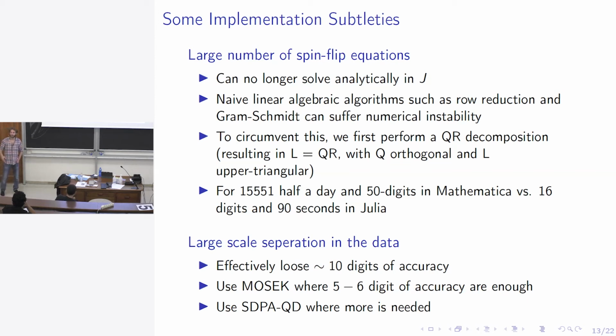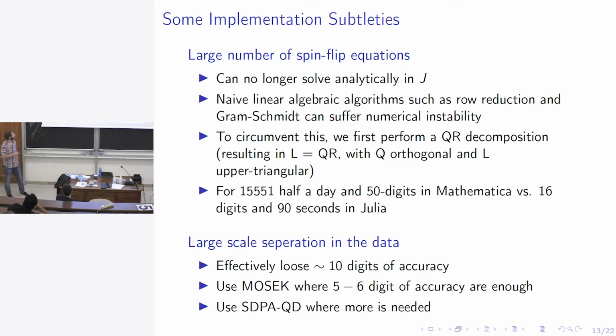So yes. The bottleneck is in finding the linear independent equations, or is it in solving equations? Finding the linearly independent ones, I would say. Yeah. Okay, so we have 2 steps here. This relates, maybe I wasn't super clear here. Here I'm talking about solving the spin flip equations, which is the first step that we do exactly.